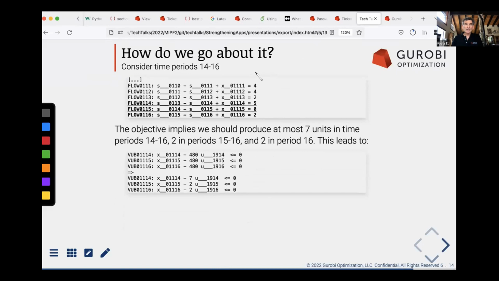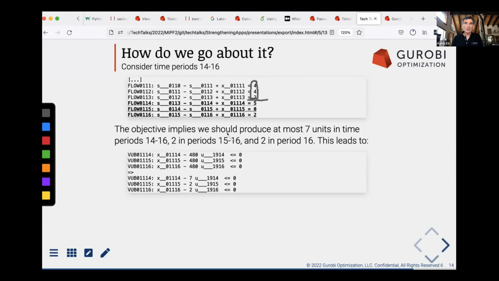So let's again drill down to a single product, and let's just look at, without loss of generality, the last 3 time periods of 16 time periods in the model. So when we get to this 14th time period, all preceding production has already been met. So it doesn't matter how we got here. We've already met that production. That's the nature of the model.